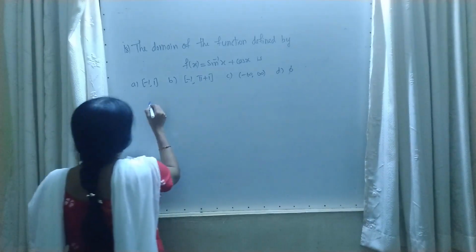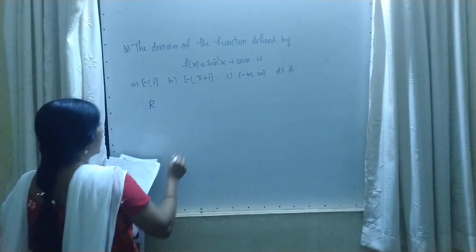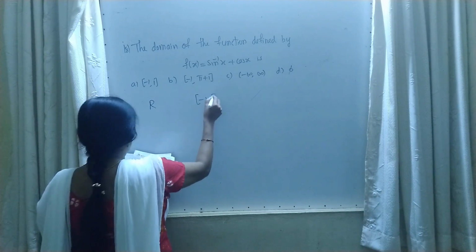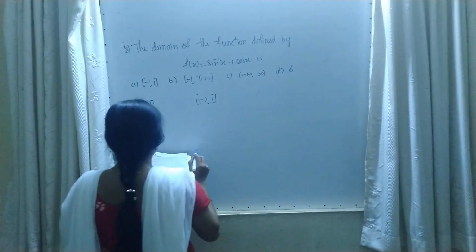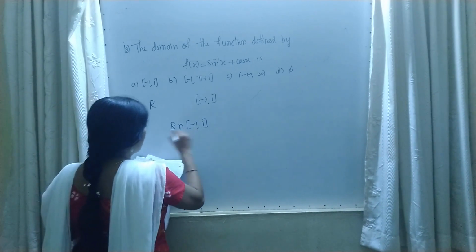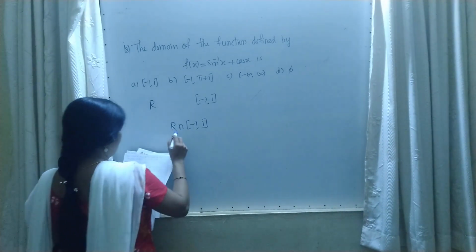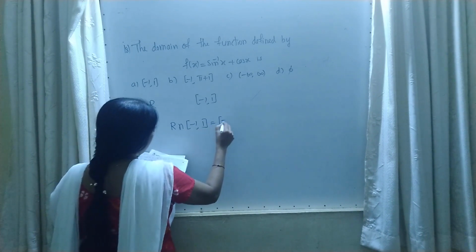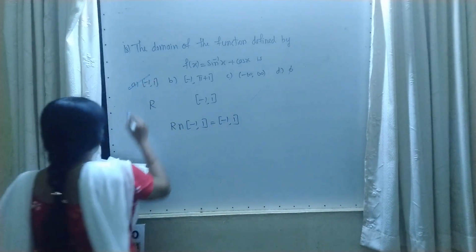Domain of cos x is real numbers R, and the domain of sin inverse x is minus 1 to 1. Therefore, the domain of f of x, we have to take the least. So, in the set of real numbers, if you take the intersection of this, what is your result? So, it is the answer.